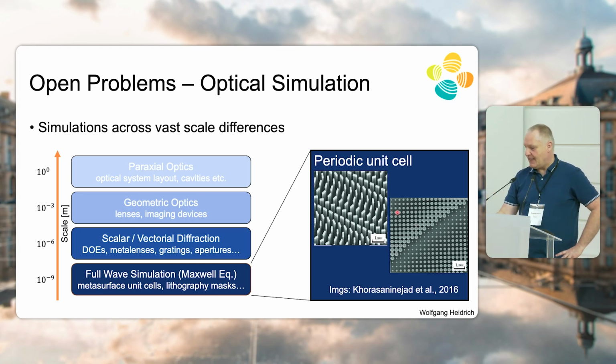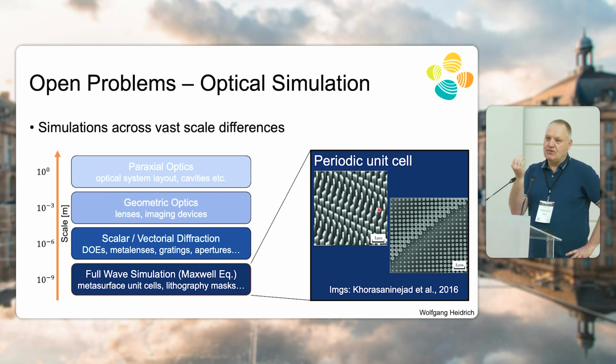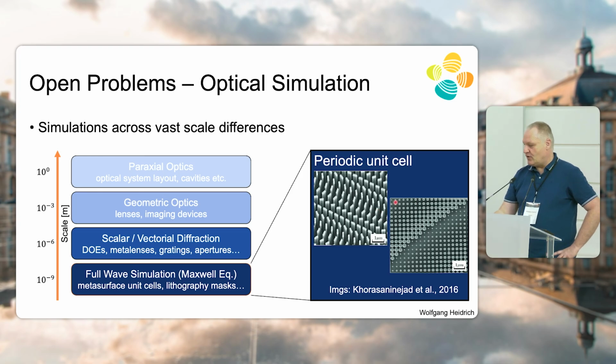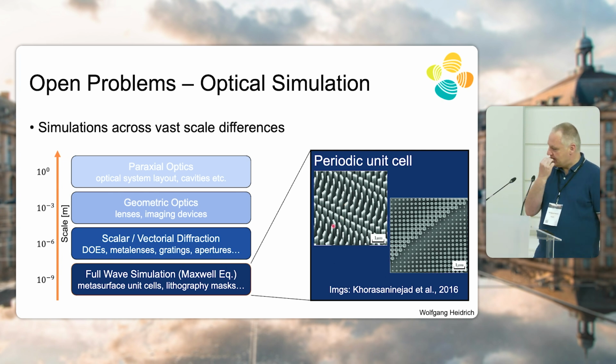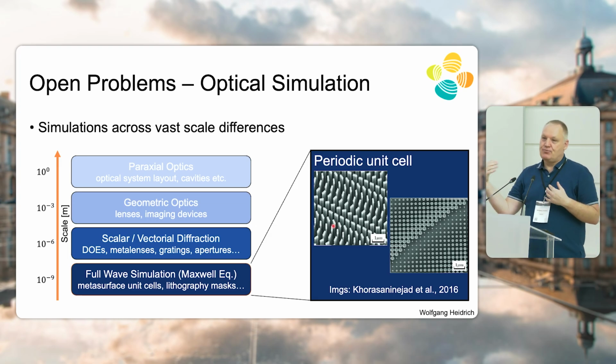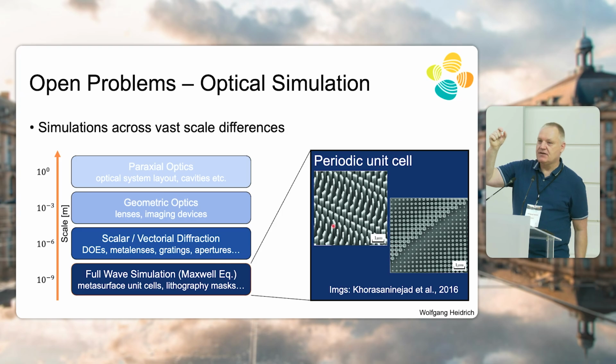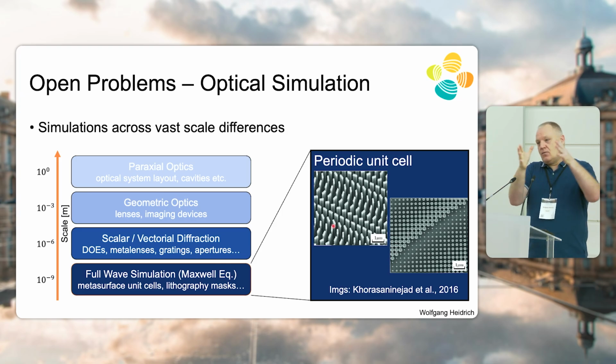For each unit cell, we have a nanoatom. The nanoatom could be, for example, a circular nanopillar like in this design, or it could be more like a rectangular shape like in this design. Then we pre-compute, for this particular nanostructure with a particular diameter, what the phase profile or the polarization effect is.